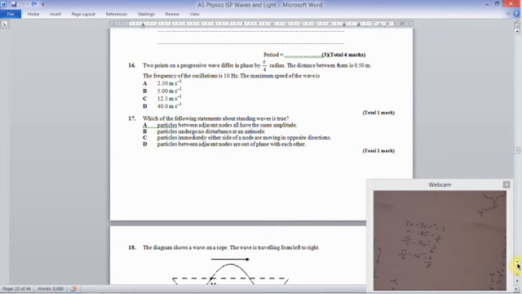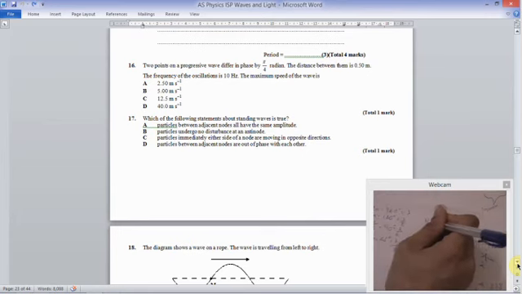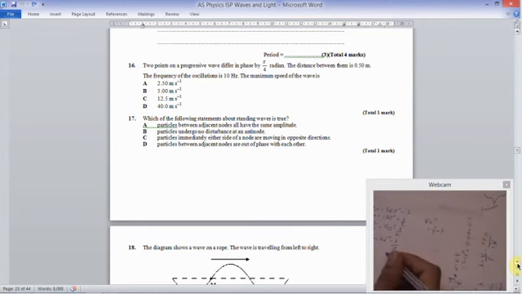The distance between them is 0.5 meters. Okay, the frequency is 10. Calculate the speed. Okay, so if you want speed and you have the frequency, you need the wavelength. Speed is frequency times wavelength. They're out by a set amount. We're saying that an eighth of a wavelength is 0.5 meters.